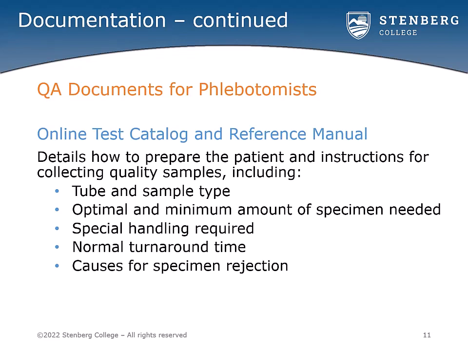These include tube and sample type, optimal and minimum amount of specimen required, transport temperatures like keep at room temperature or place on slurry water or place on heat block, special handling requirements such as full draw, no microclots, or do not spin, normal turnaround time, and specimen rejection criteria.